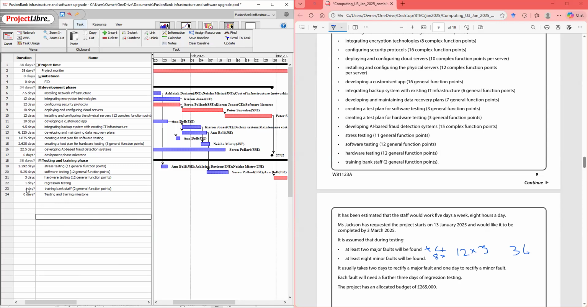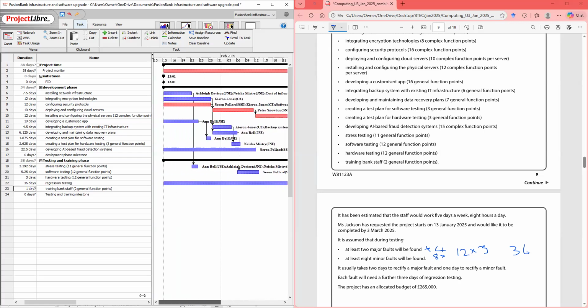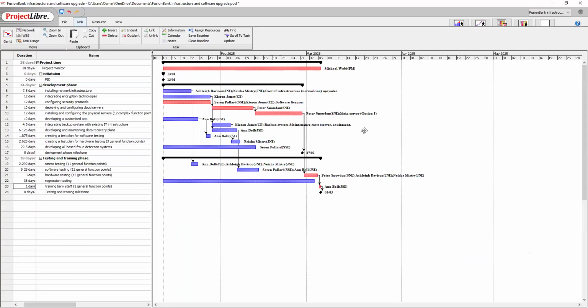All right, and our regression testing is going to be 36 days. This is going to be interesting now because it's going to push this all the way out. All right, let's just throw everybody who can do testing at the regression testing. Let me expand this. Let's just see who can do regression, who can do testing, software testing, stress testing.